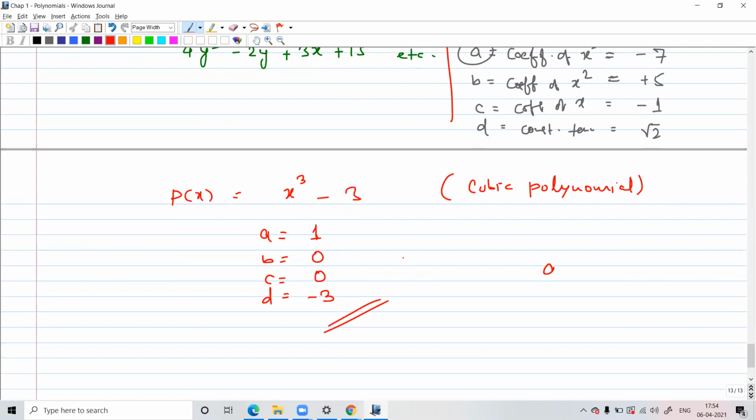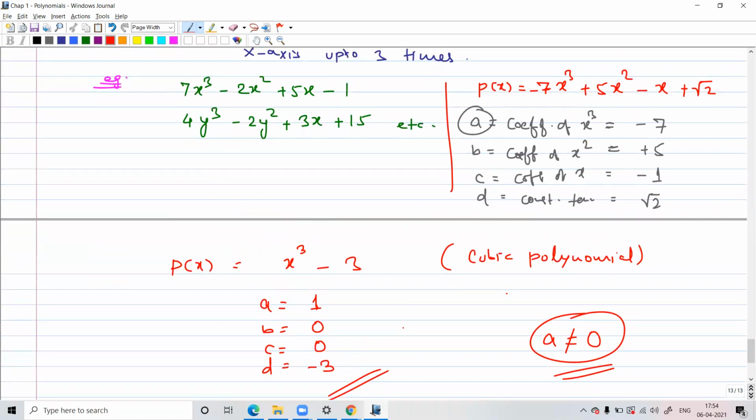Absolutely. Only thing is A will not be 0. Why am I saying A will not be 0? What will happen if A becomes 0? Can anyone make a guess? Yes, the highest degree will change. So if I want to write a cubic polynomial and I make A equal to 0, then it will no longer be cubic, right? That is why we say that if I want to write a cubic polynomial, I should not make A equal to 0.